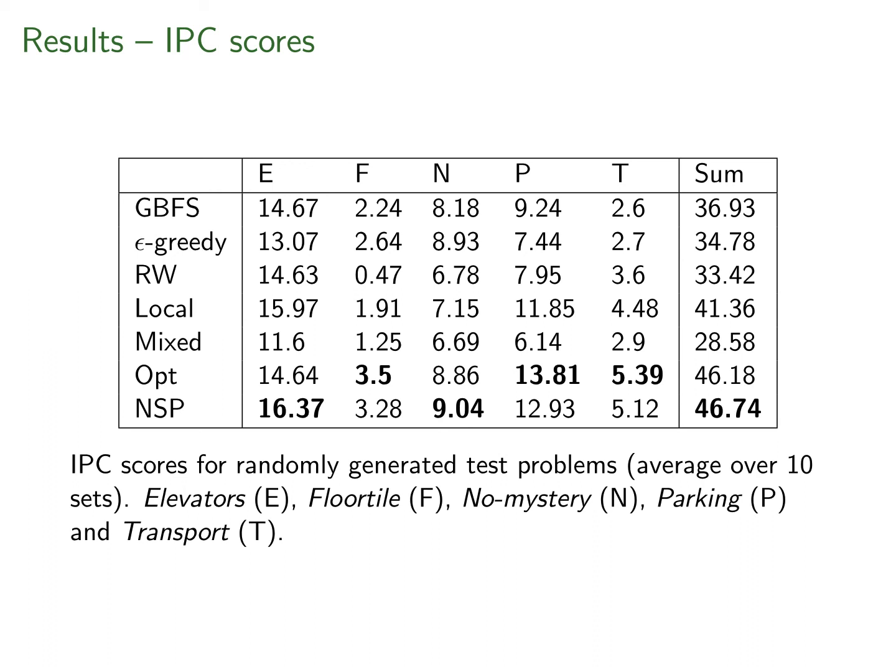Opt is the stateless variant of our approach, where we use our training loop to optimize the search parameters directly. And finally, NSP is our full state-dependent neural search policy, trained separately for each of the domains.